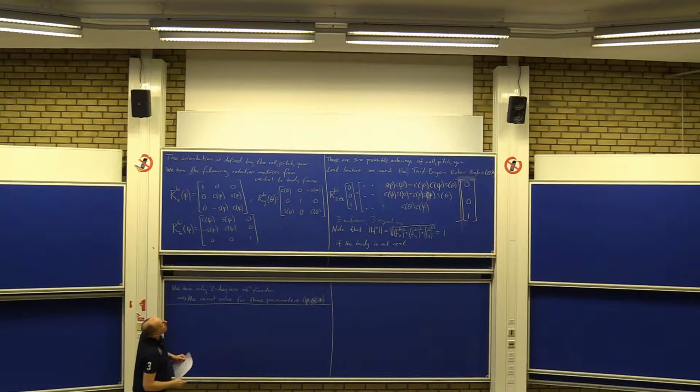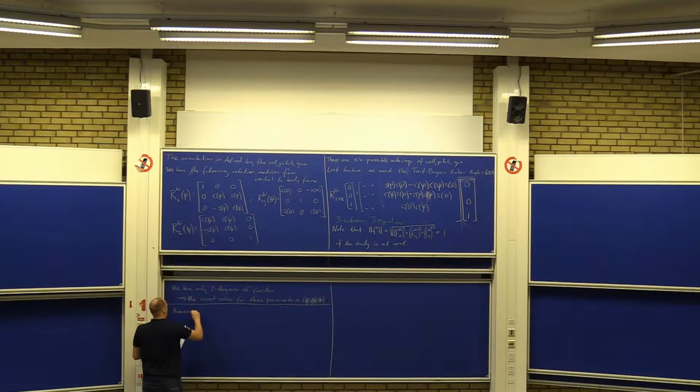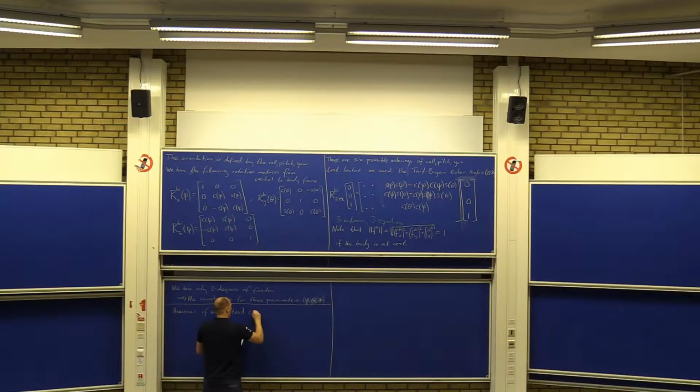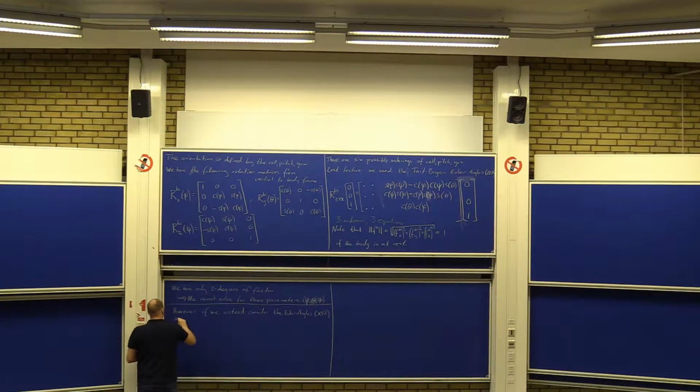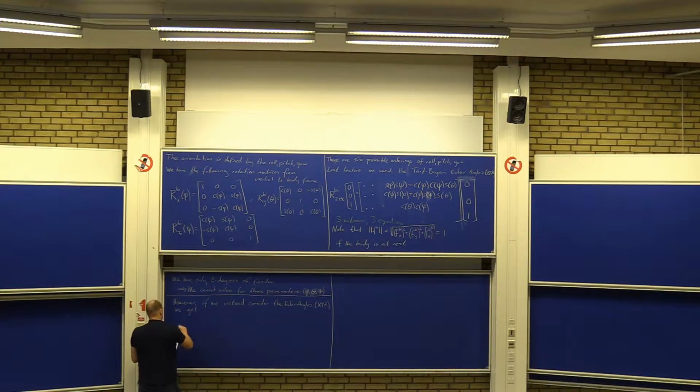So if we then change it to do it in the opposite order, so instead of having z, y, x, we will have x, y, z, it turns out that the rotation matrix will look a little bit different.